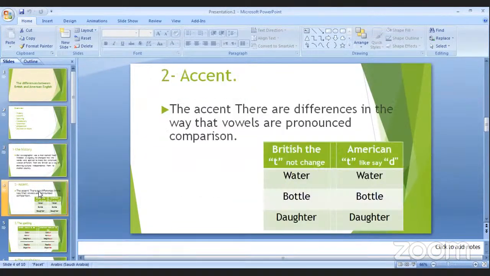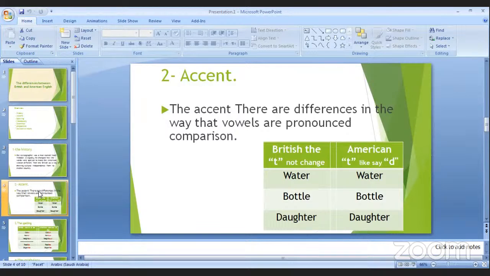Okay, the main areas where you will notice differences between British and American English are accent, spelling, vocabulary, areas of grammar, including use of prepositions, and use of collective nouns. There are differences in the way that vowels are pronounced.